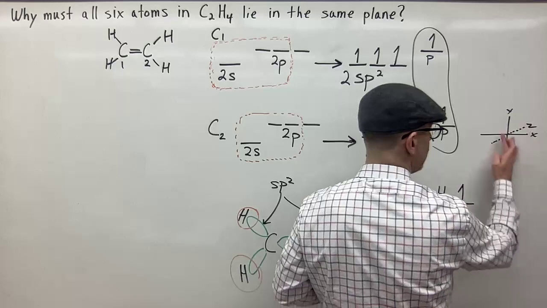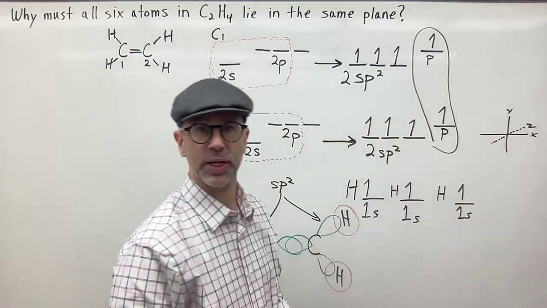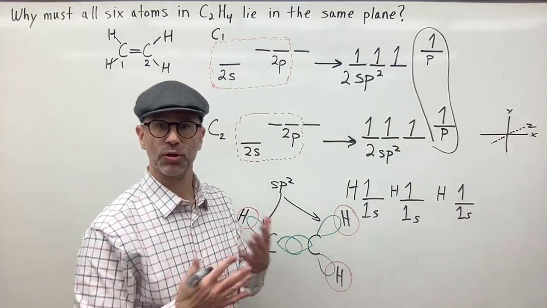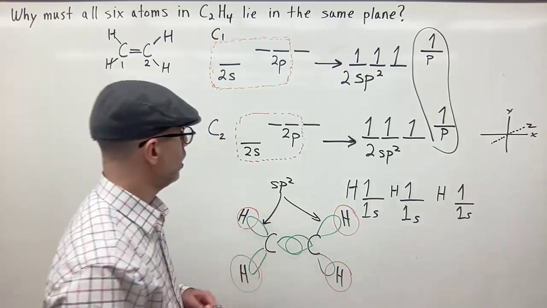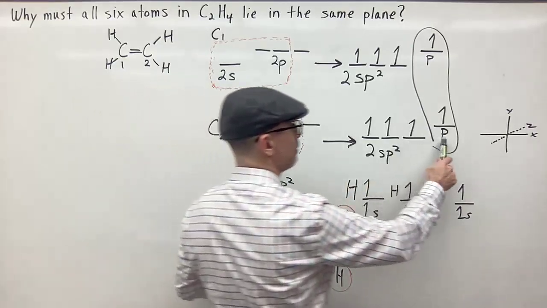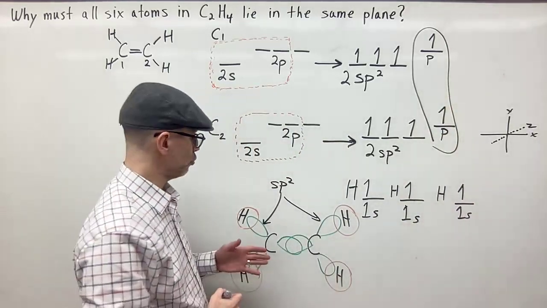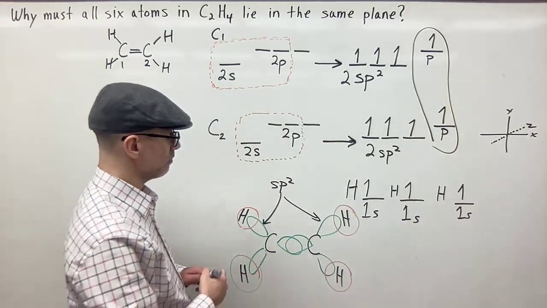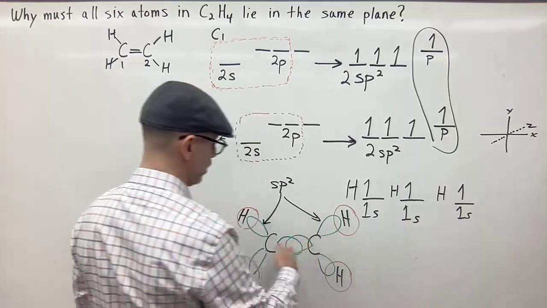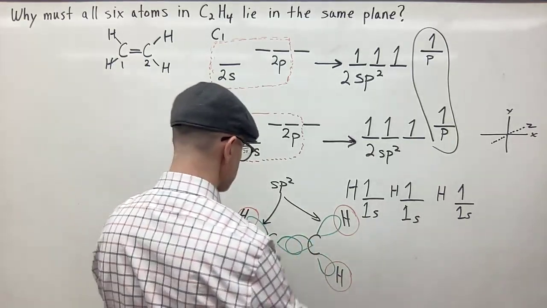So all three axes are perpendicular to each other, so p orbitals are perpendicular to each other. So that means that these unhybridized p orbitals are perpendicular to the plane. So they're going to come out of the board.